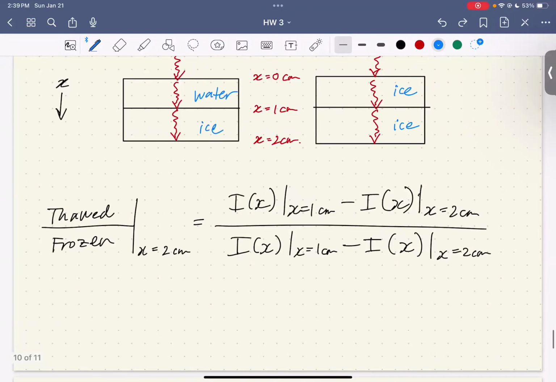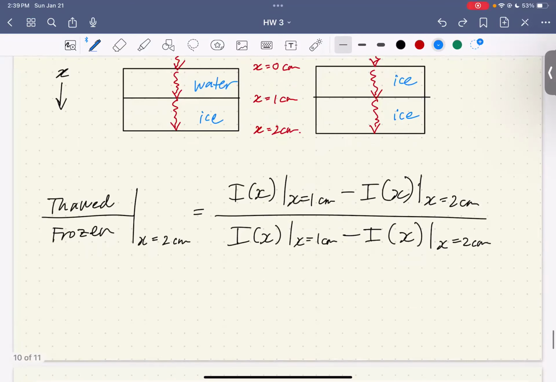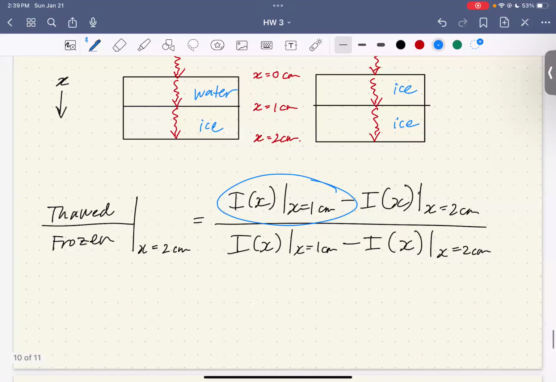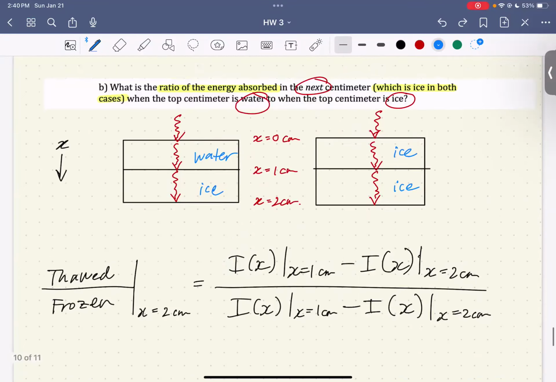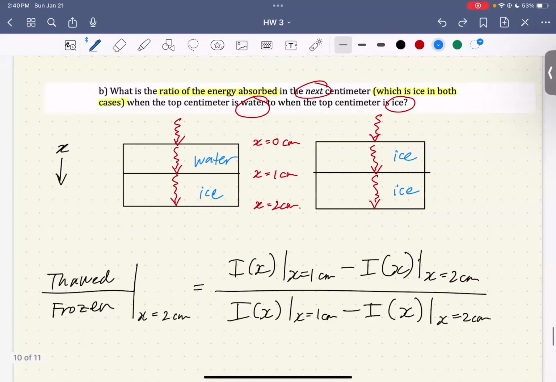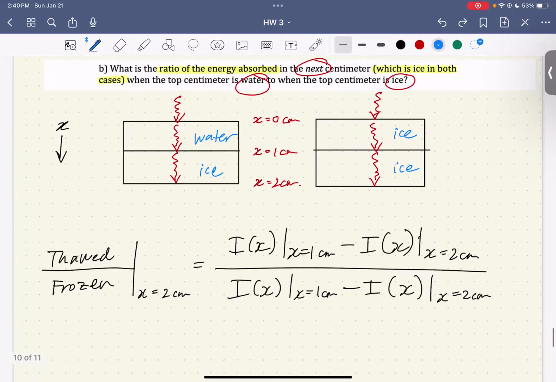But our starting values are going to be different because we have a change through water, and over here, we have it through ice. You can see that we have different materials, and you'll see that you can actually use some of these values from over here, and they should be very helpful. Okay, so just keep that in mind.